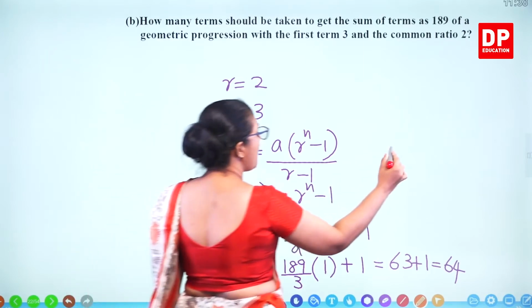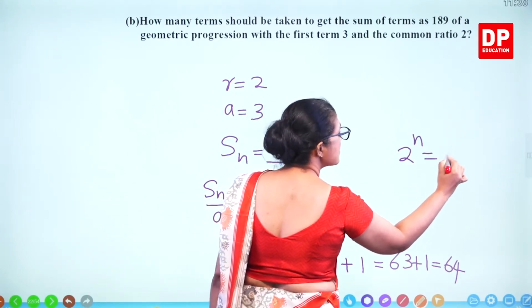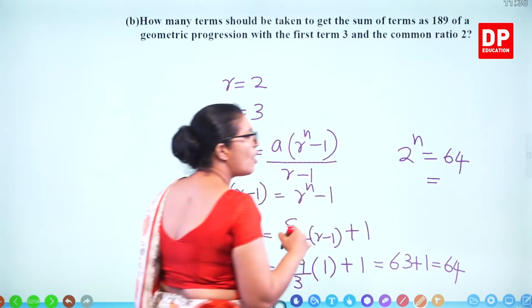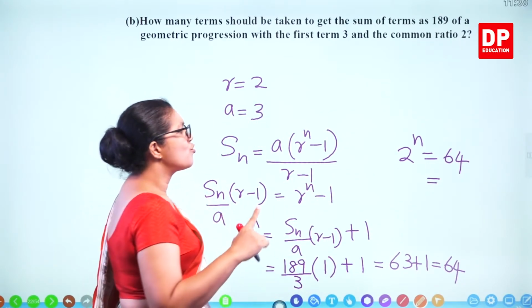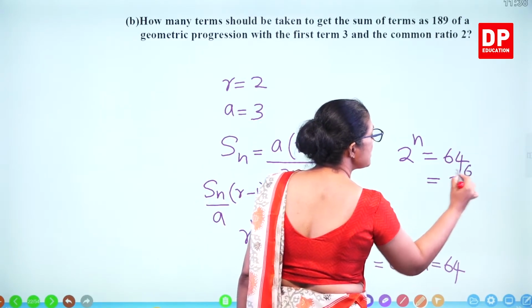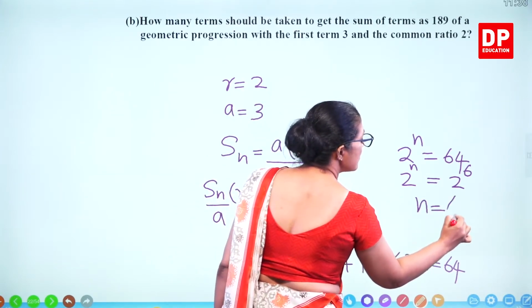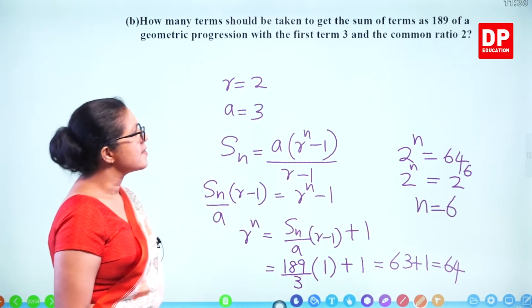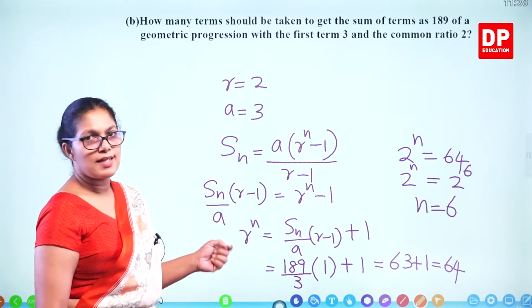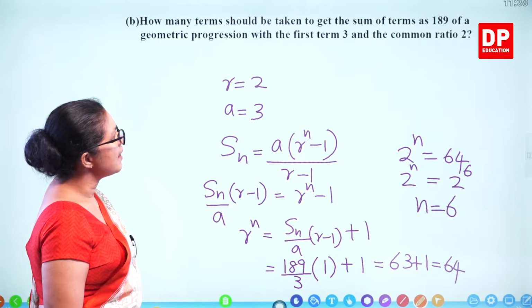Now r is 2. 2 to the power n is 64. What is 64? 2 to the power 6. 2 times 2 times 2, 6 times you have to multiply. So same base, so you can write n equals 6. So you need 6 terms to get the sum 189.